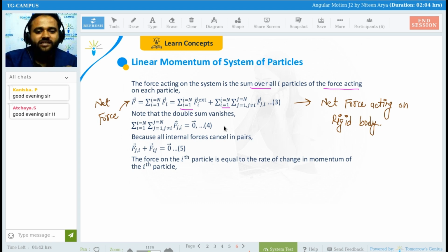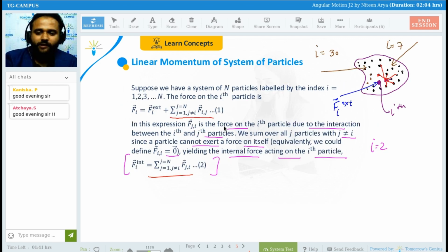Note that the double sum vanishes. Why does it vanish? Because it is internal force, and internal forces are going to cancel each other. What does it mean? Suppose this particle applies a force on this one, and this one applies a force on another particle somewhere, and so on. They are cancelling each other, because the direction of force is reversed.